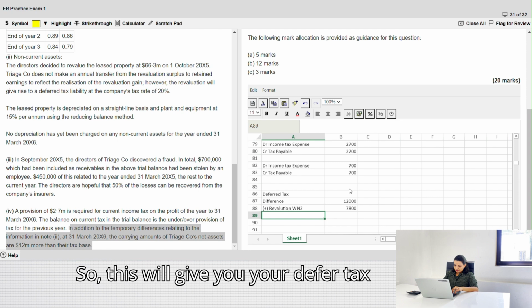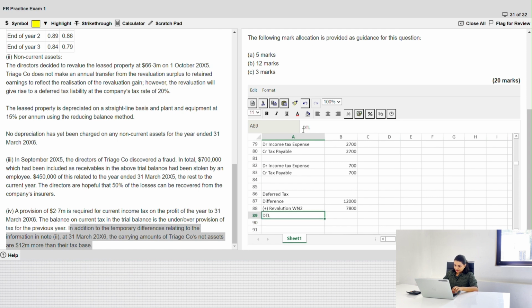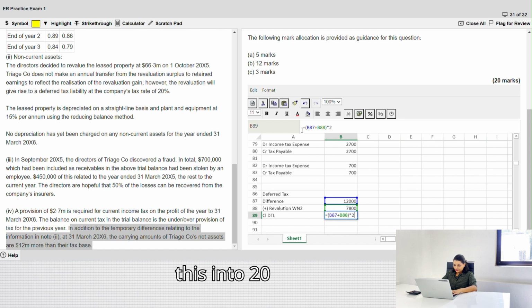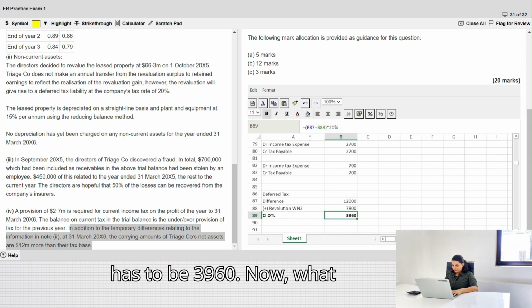So this will give you your closing deferred tax liability, which will be this plus this into 20%. So my deferred tax liability has to be 3960.